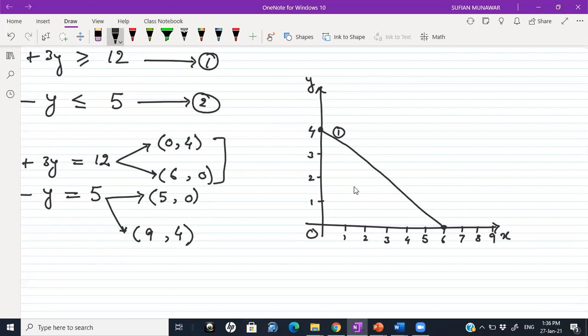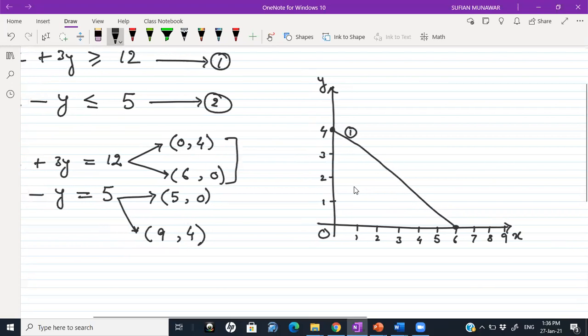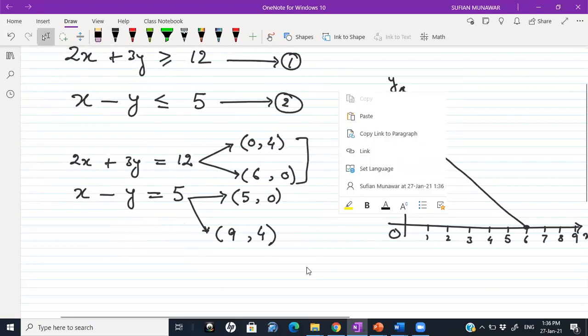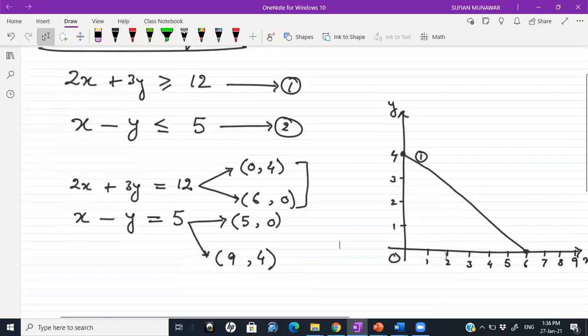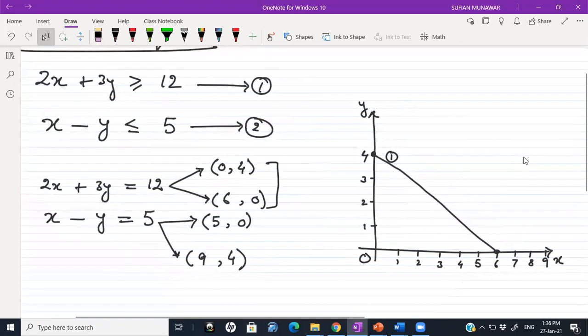Okay, now for the inequality, you can see the inequality here. The area above or below? Above, because if I put 0, 0 as the test point in the first inequality, I will get 0, so 0 is not greater than 12.